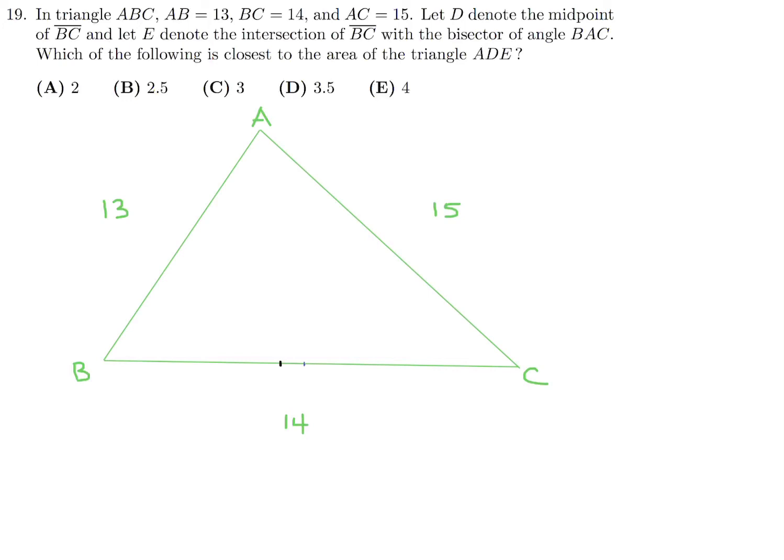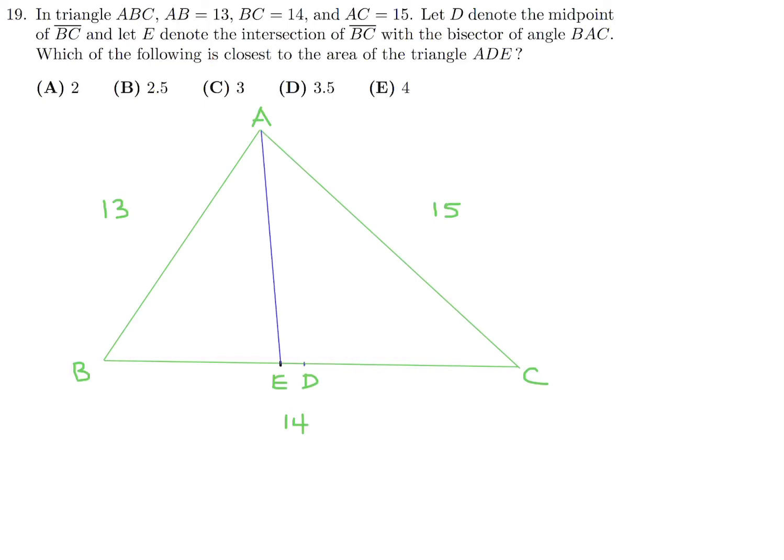D is the midpoint of BC. So I'm going to put D right there. And E denotes the intersection of BC with the bisector of angle BAC. So I'll put that there. And what that basically means is that if you're drawing a line that cuts this angle in half, it's going to drop and meet at E. So something like this.